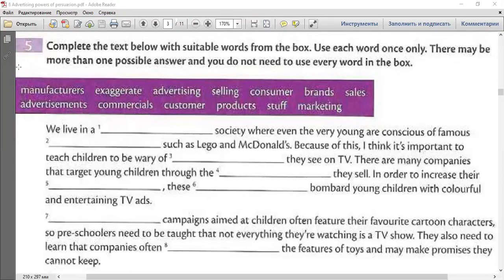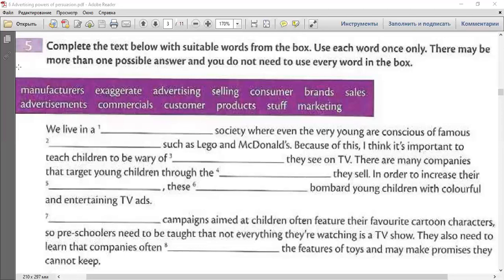There are many companies that target young children through the products they sell in order to increase their sales. Okay, manufacturers bombard young children with colorful and entertaining TV ads. Number 6 is manufacturers. Okay, so 7, what kind of campaigns?